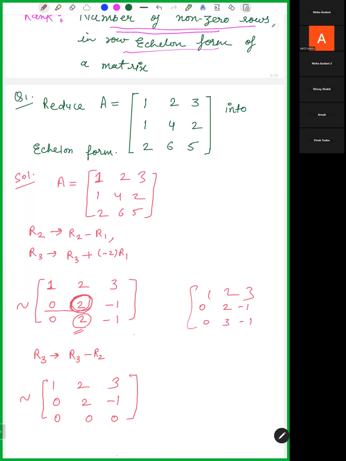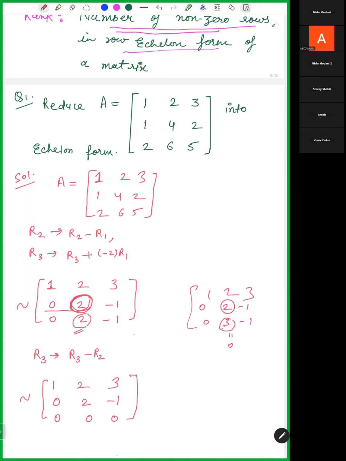Then 2 and 3 are not multiples, not equal, and not in the same table. So in that case, you will make this 2 a 1, and then that 1 will help you make this 3 a 0.